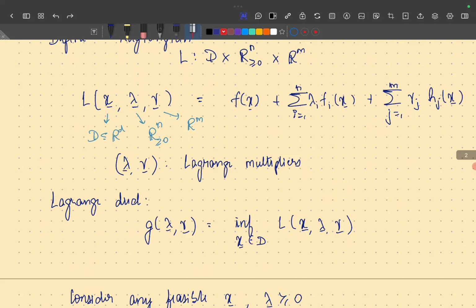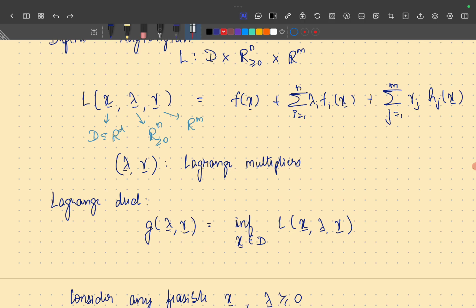But this Lagrangian is defined not just over the constraint set, but over all of the domain, over all of R^d. And in particular, this minimization that I'm doing to get the Lagrange dual is over all of R^d, not just over the constraint set. That's something to be kept in mind.